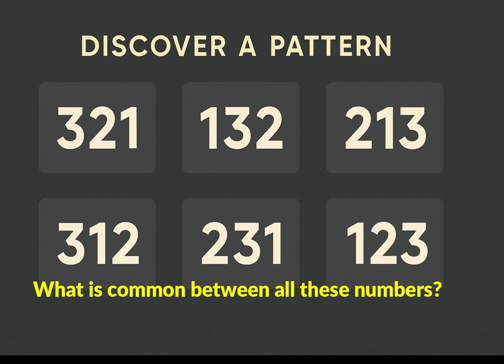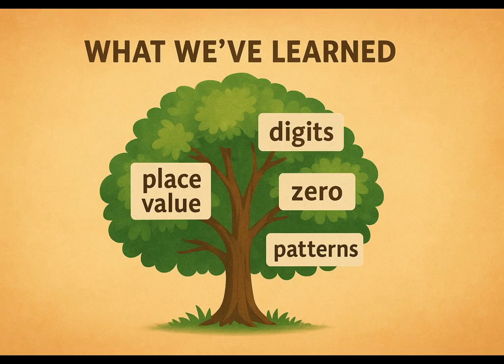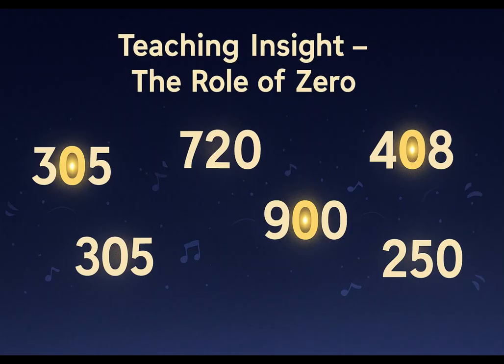Perfect. So that's the whole idea in our very first chapter: to understand what digits are, how numbers are formed, what place value is, and the significance of zero. Well, for some, zero may seem like nothing, but in math, it is a powerful anchor.